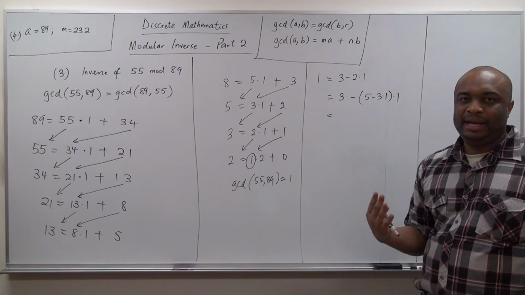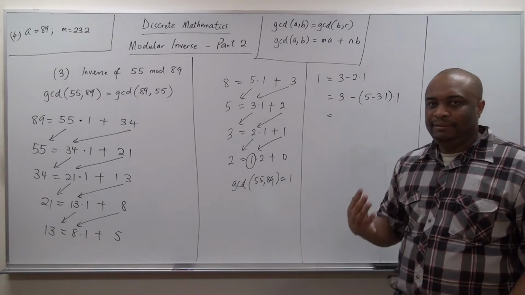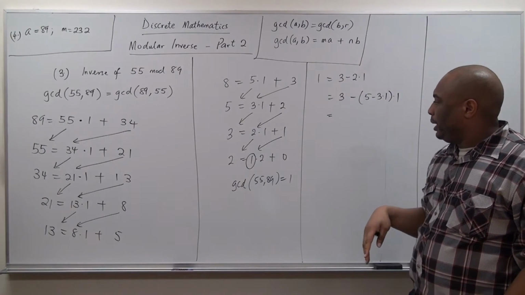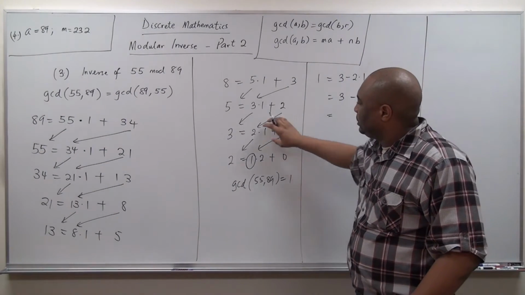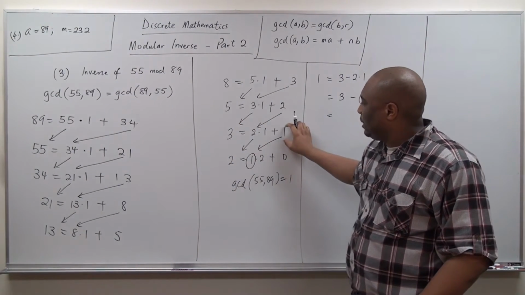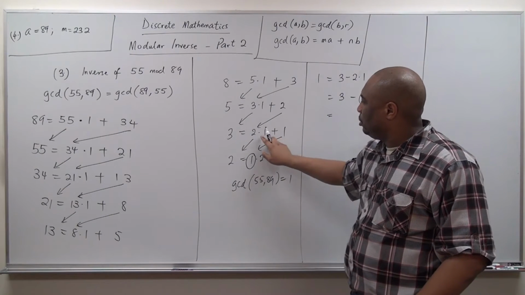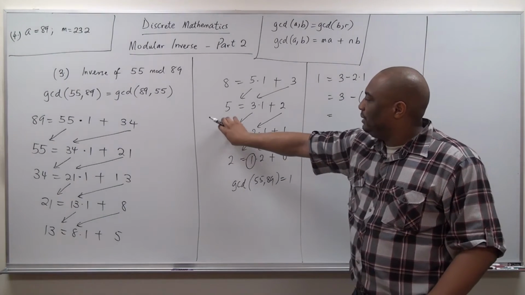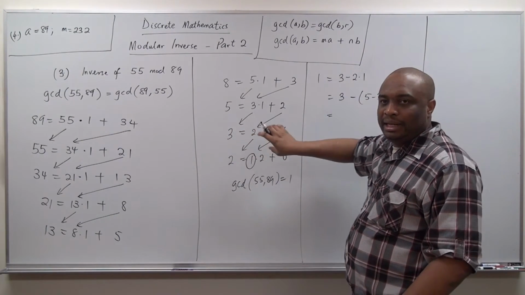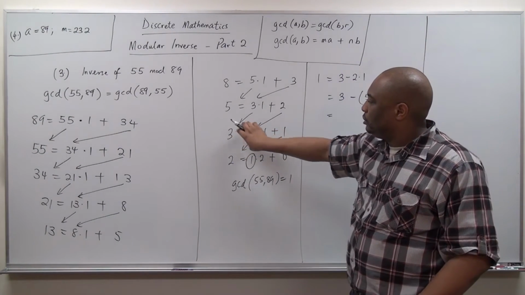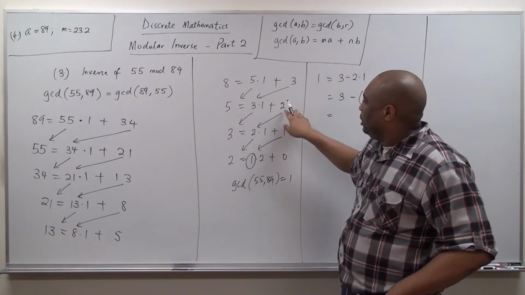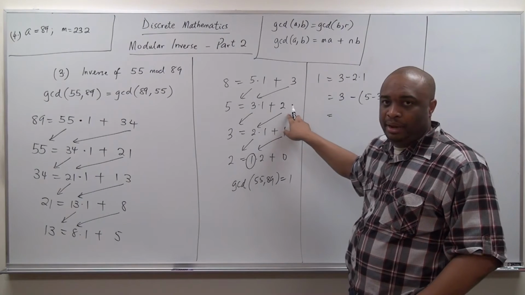As we simplify that equation, we want the dividend and the divisor to be there. Okay, so we start from this step, and we see that 1 is equal to 3 minus 2 times 1. In this case, the dividend is 3 and the divisor is 2, so 3 and 2 is already there. The next case, we want to solve for the remainder, which is 2.